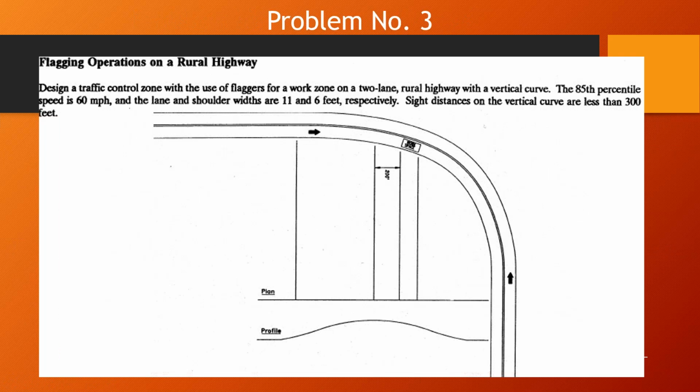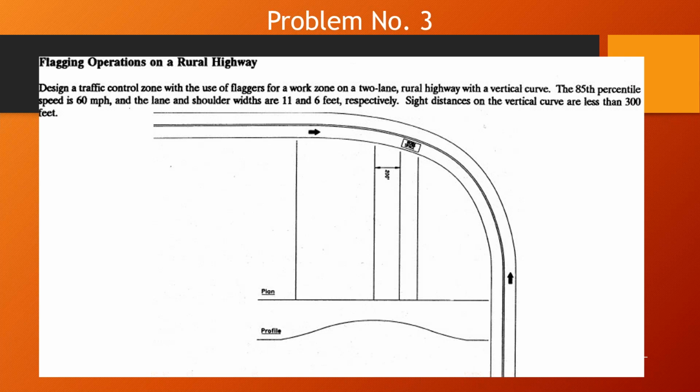So this question is pretty much about the same thing, about where to place the flaggers. This one actually gets more detailed. It says design a traffic control zone with the use of flaggers for a work zone on a 2-lane rural highway with a vertical curve. The 85th percentile speed is 60.